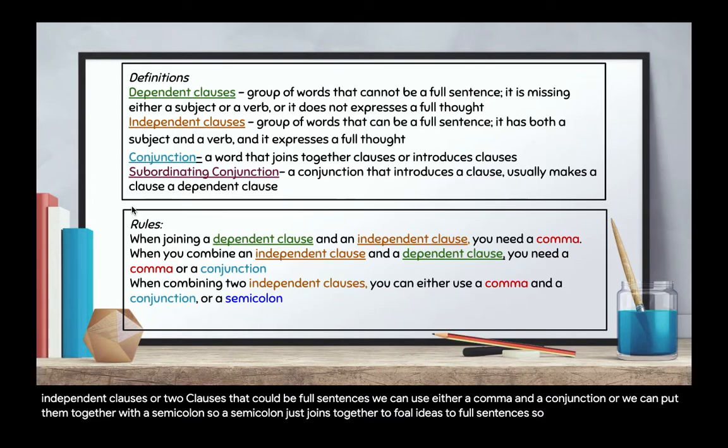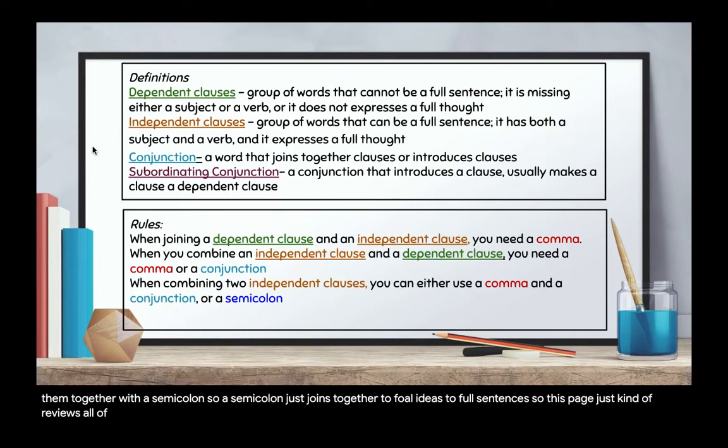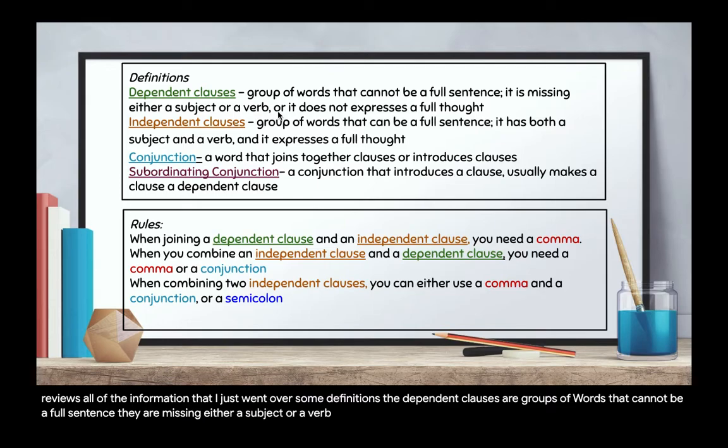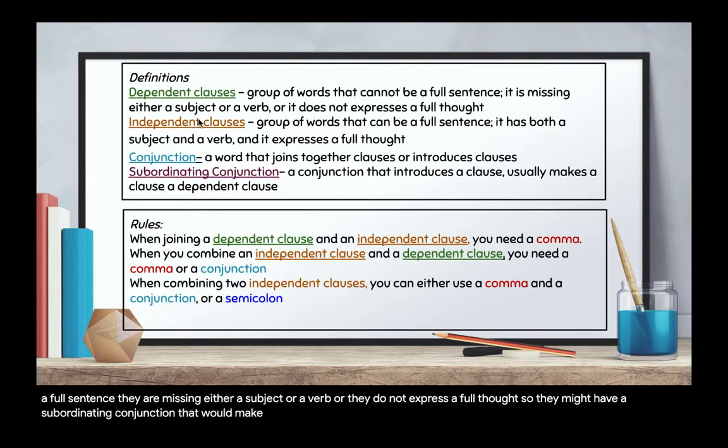So this page just kind of reviews all of the information that I just went over. Some definitions. The dependent clauses are groups of words that cannot be a full sentence. They are missing either a subject or a verb, or they do not express a full thought. So they might have a subordinating conjunction that would make it dependent. Independent clauses are groups of words that can be a full sentence.